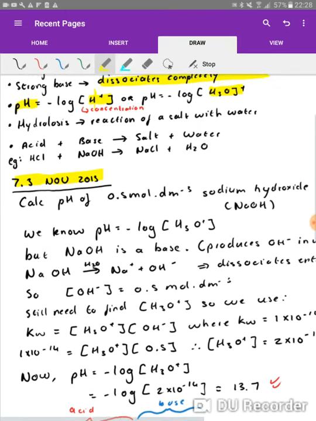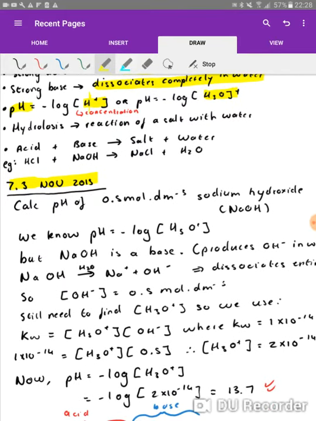We plug in 0.5 there and it'll tell us the pH of hydrochloric acid at that concentration. Another one: hydrolysis is a reaction of a salt with water. Just remember this definition. Then an acid plus a base is a neutralization reaction, because you're neutralizing the acid with the base or vice versa, and that produces a salt plus water.